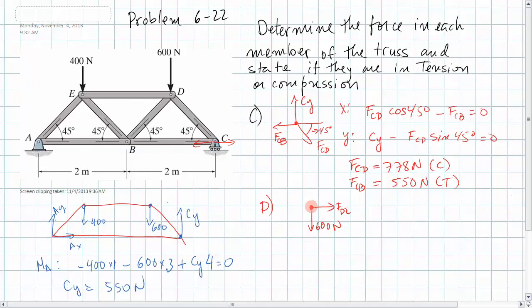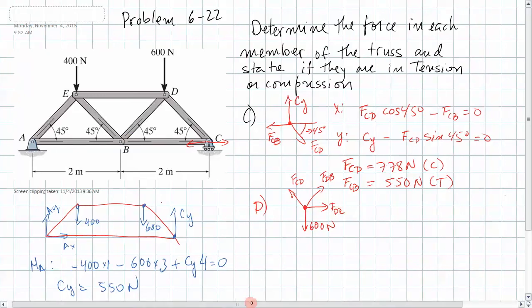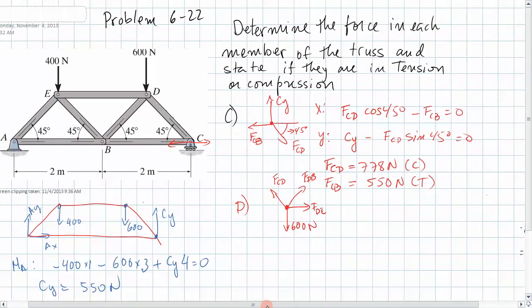You can choose the other one, and remember, there's just going to be a minus or plus sign there. Then you get this force here, FCD, and then you get this force here, FDB. So our aim is to find these two members, so we can write the equations of equilibrium for that.